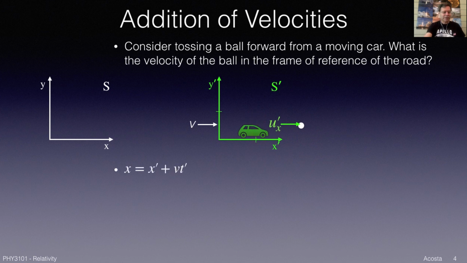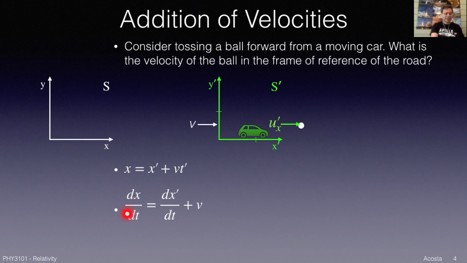Okay. Now, let's remind ourselves of the Galilean transformation. If I know the position in frame S prime, I can get the position in frame S by just adding velocity times time: x is x prime plus vt prime. All right. Let's take a derivative of both sides of the equation.